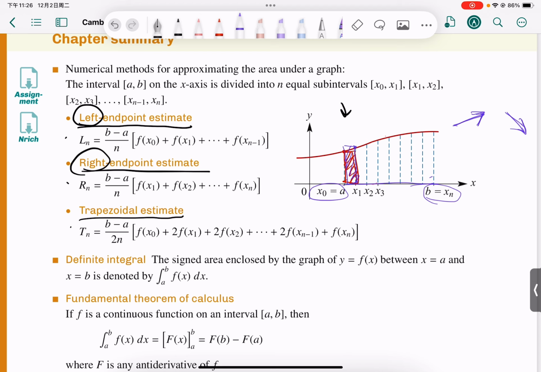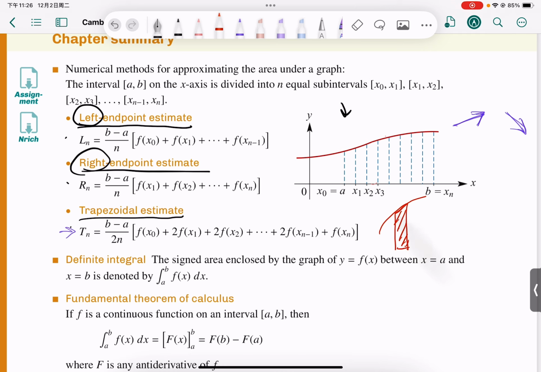And for this equation over here, it's talking about a shape like this. It may not be very obvious to see, so maybe I'll redraw a curve, a shape like this.